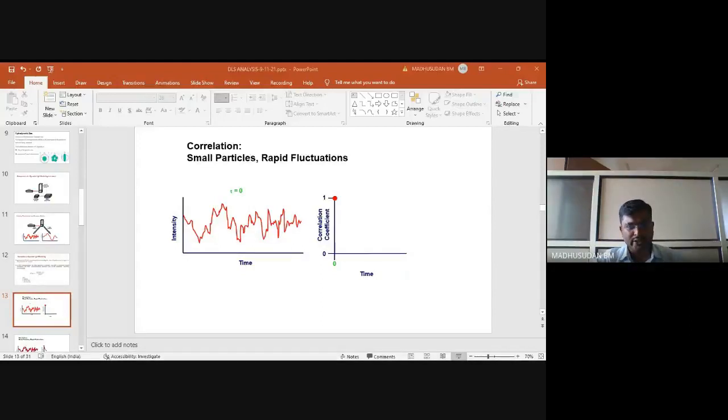Here you can see the plot between the correlation coefficient and the time. What we can identify from these two is that the particle size is directly related to the correlation coefficient curve. If the particle size is higher, the curve will be much less steep. If the particle size is smaller, we'll get a more steep curve.